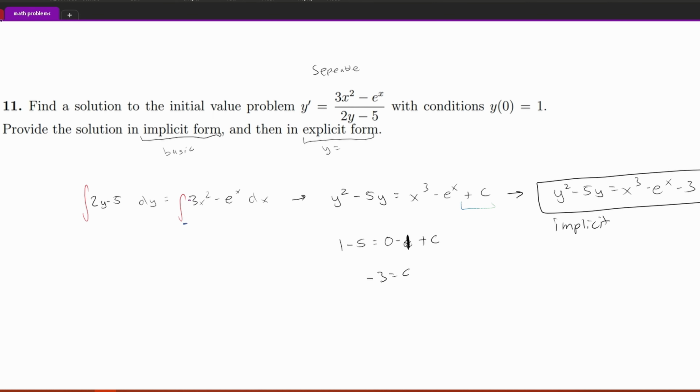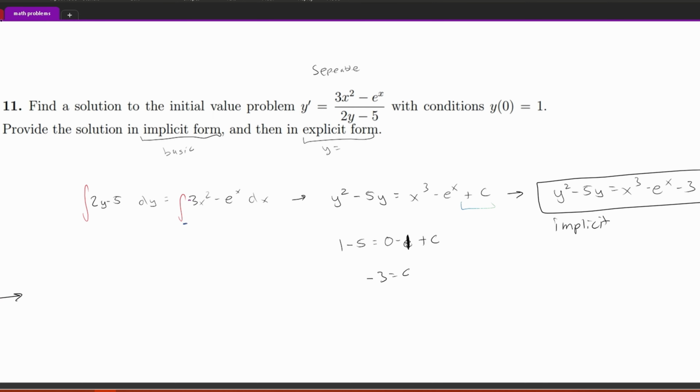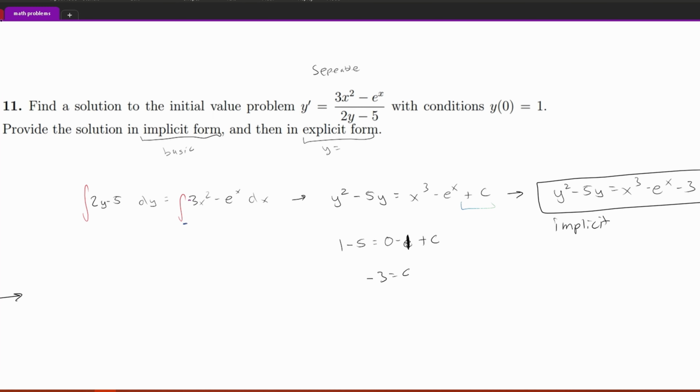Well, our explicit, let's actually come down here and do it. So for explicit, we want y by itself, right? So for something like this, we are going to want to take out y here.